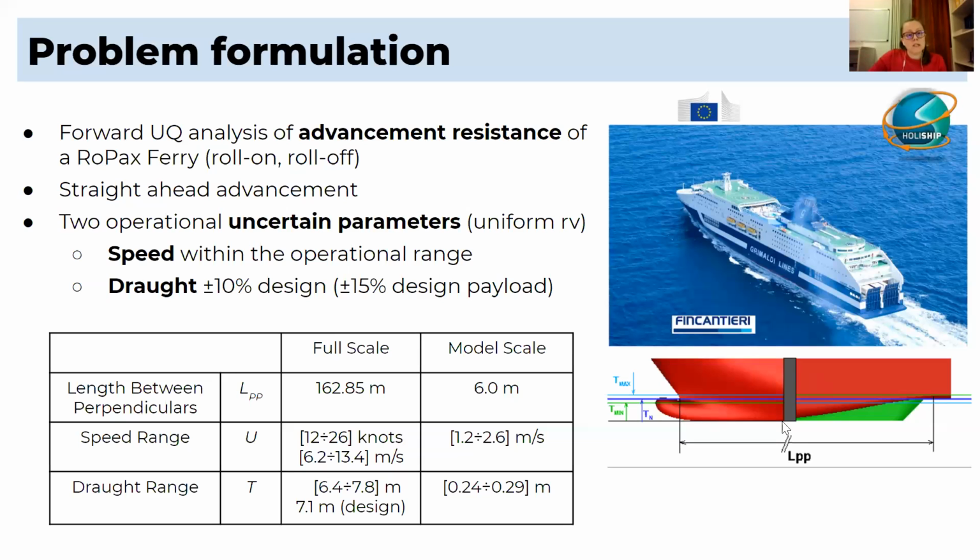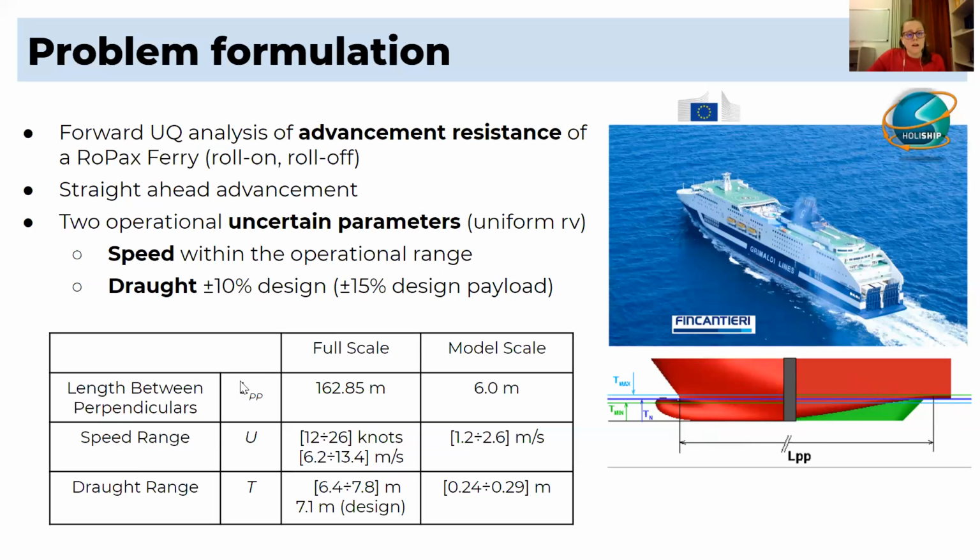In the table, I listed these interesting metrics. First, to have an idea about the size of this ferry, we take this characteristic length, the length between perpendiculars, LPP, which is depicted here. We look at a section of the hull of the ferry.